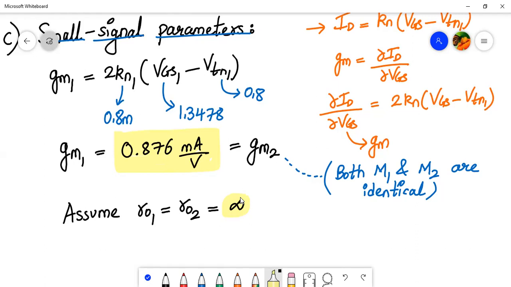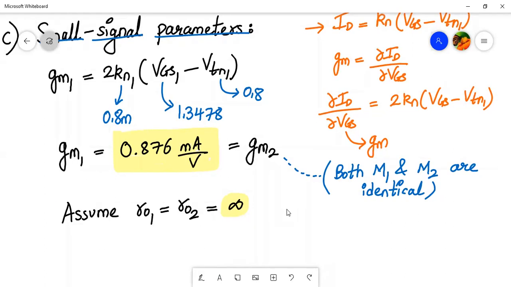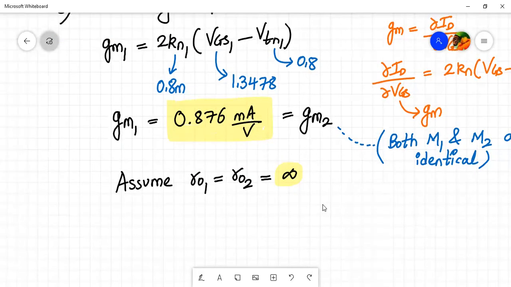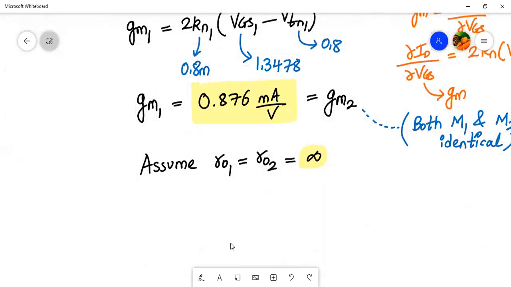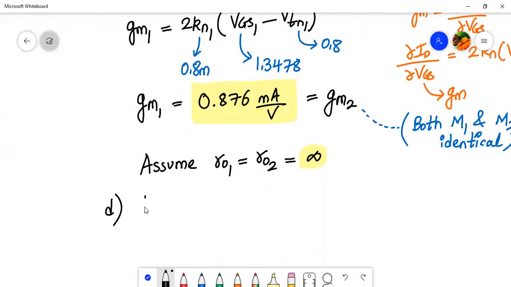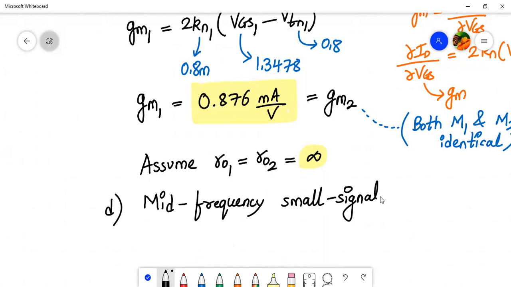All right. Next, after this, ideally we should be calculating Rin, Rout, and Av. And for that, you have to draw the mid frequency small signal equivalent circuit.